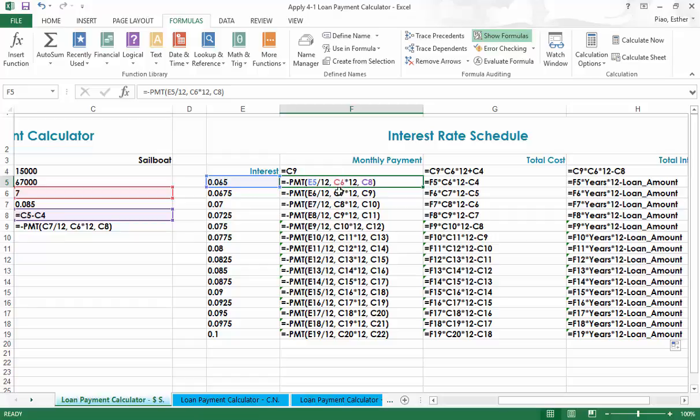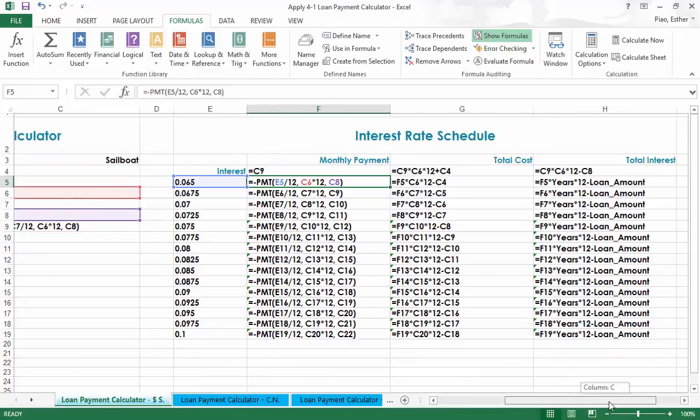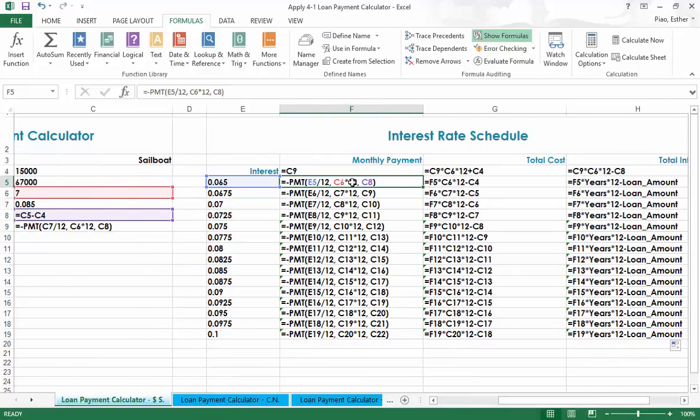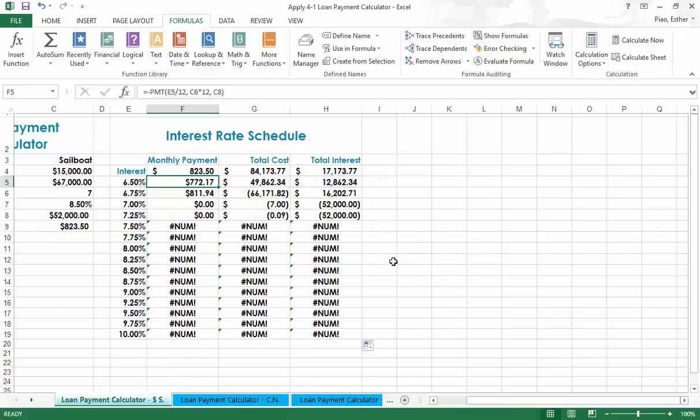So C6 is 7, this is correct, but C7 is not. The actual value in C7 is the interest rate. You can see that this is shifted a little bit, by 1. It's also the same in this line. So all these errors happen because the ranges have been shifted.